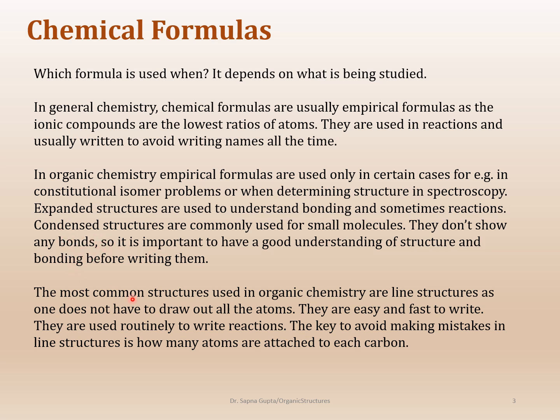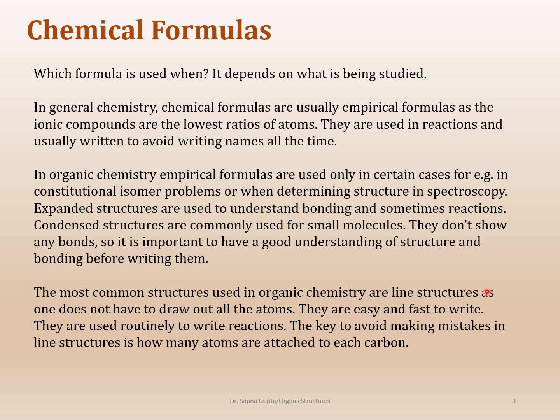You don't see them. The most common structures that we draw in organic chemistry are line structures, and I'm going to get you on it as soon as I can, because line structures are really the best way to learn organic chemistry and to write things fast.